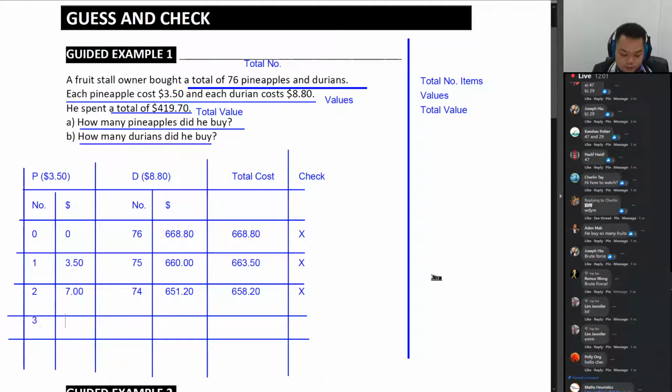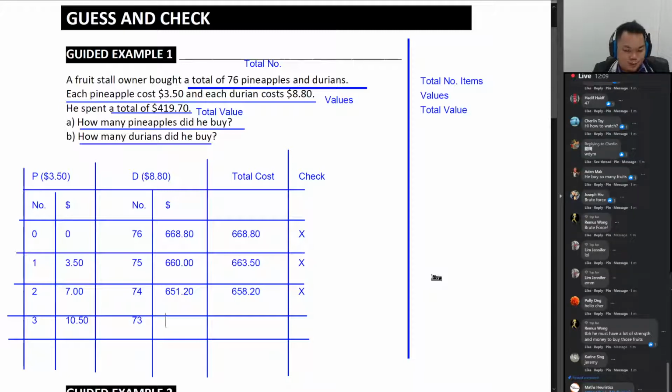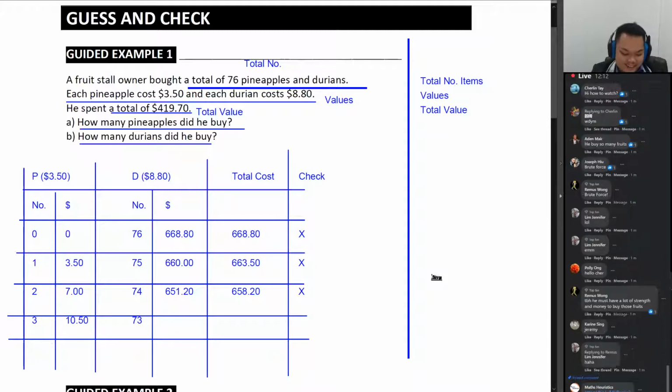But if you do it long enough, if you use brute force hard enough. Okay, but by the way, don't do this in your PSLE, unless you really don't have a choice. Please don't do this as the first line of offense.